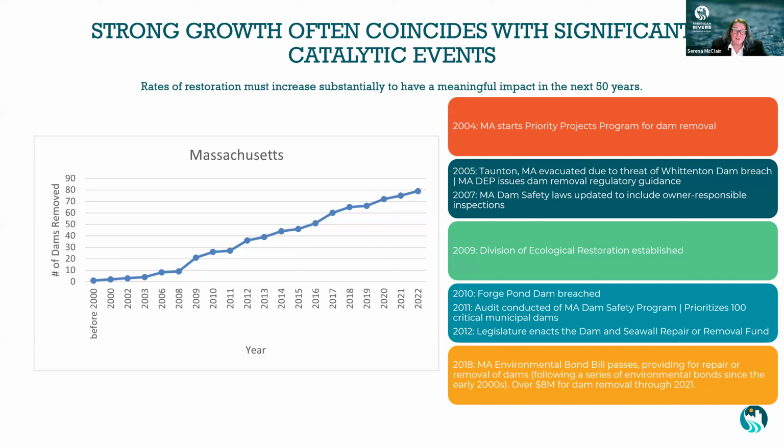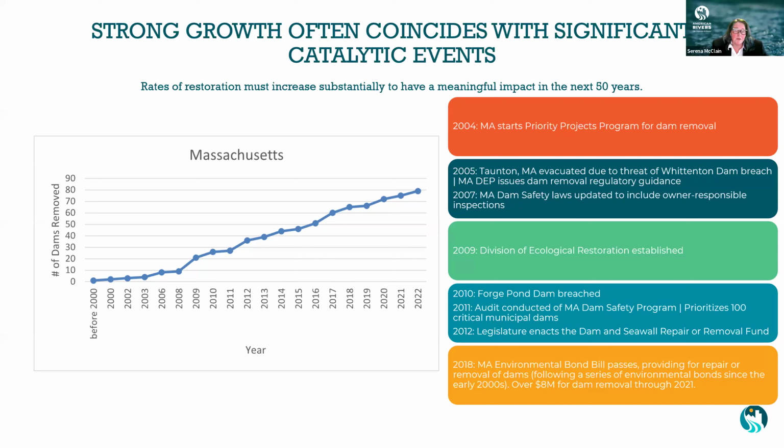They've been able to serve as project managers and take on projects to some extent. They can provide regulatory guidance and assistance, and even help connect and corral funding back to the state. So we really see the slow growth of this particular program to the point where DER is established in 2009. In 2010, there's another pivotal dam failure.